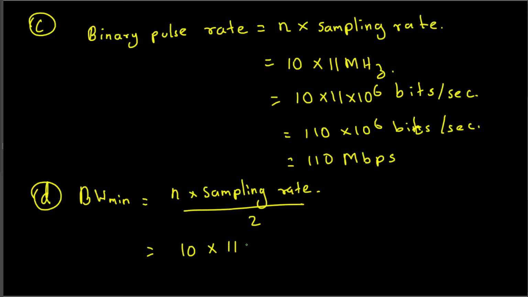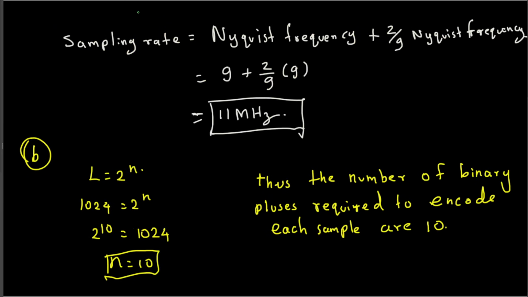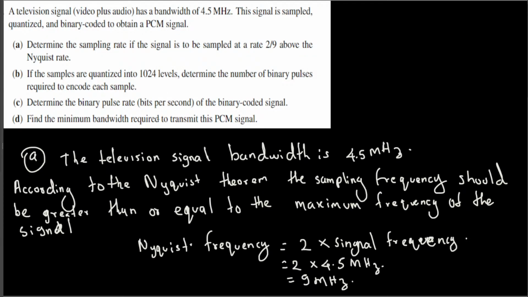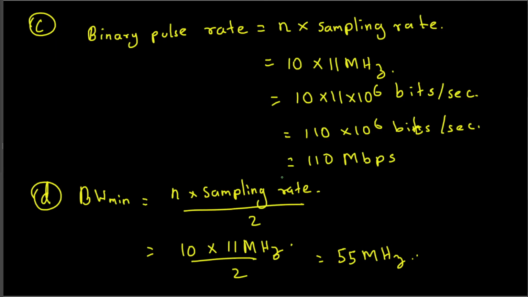Then we divide by 2. That gives us 110 divided by 2, which is 55 megahertz. That is the minimum bandwidth required to transmit this PCM signal.